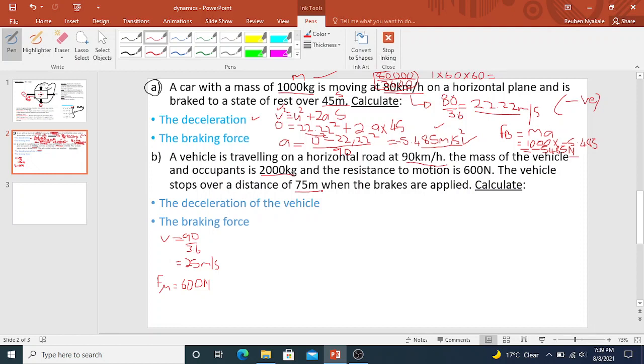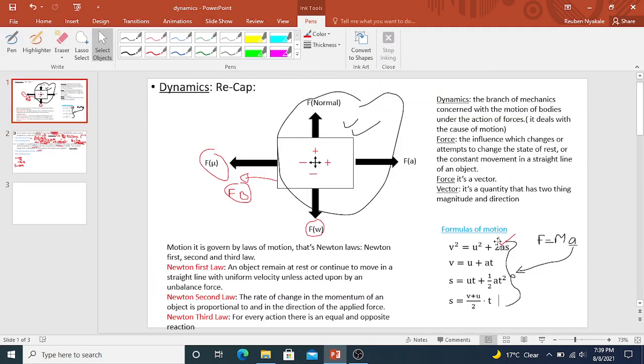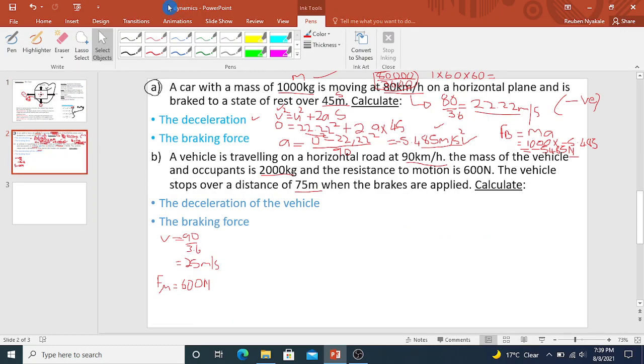In calculating the deacceleration, again, we'll go back to our formulas and look at the formula that suits our data. Like I said, it is the same thing. It will be the first one. The first one suits our data very well.